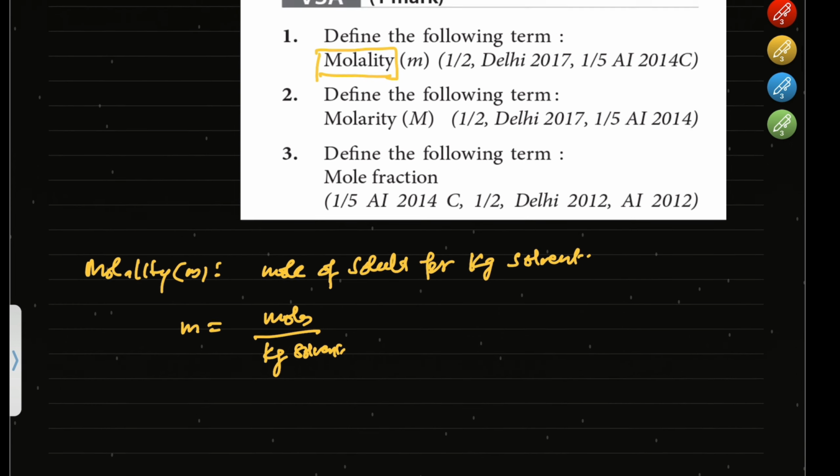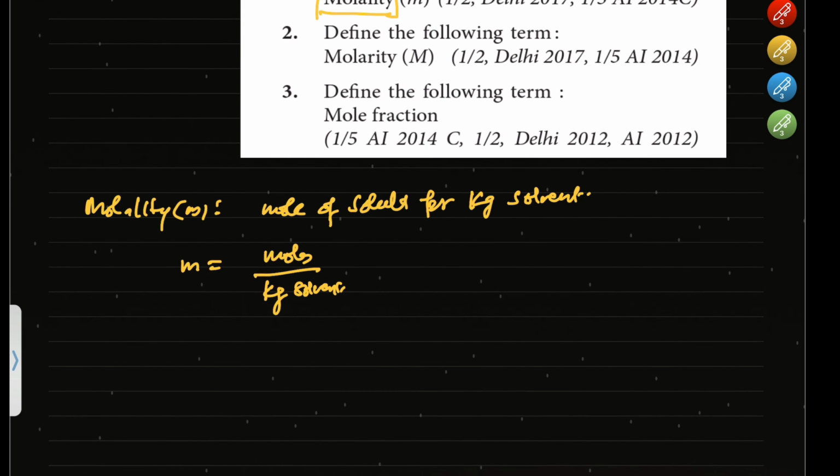This is enough. Or we can add one point that molality is independent of temperature. Okay, this is a complete answer.